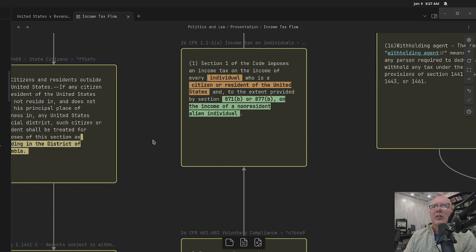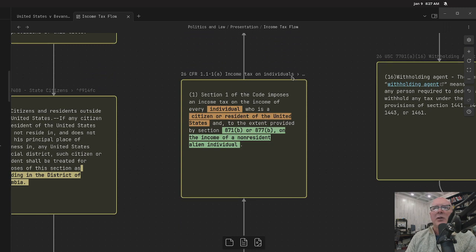So the next thing we get to is income tax on individuals, and it says this code imposes an income tax on the income of every individual who is a citizen or resident of the United States, and to the extent provided on non-resident aliens, and this is 871 and 877B. Now, I've covered this in other videos.